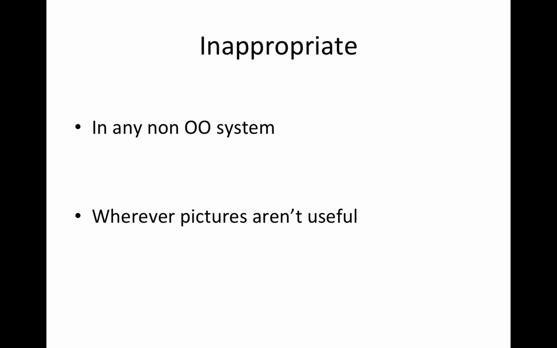So it's inappropriate to use, obviously, in any non-object-oriented system. Also, sometimes pictures just aren't useful. They can be, but not always. For example, in formal specifications, you might need math equations to define what you need to do more than a picture.